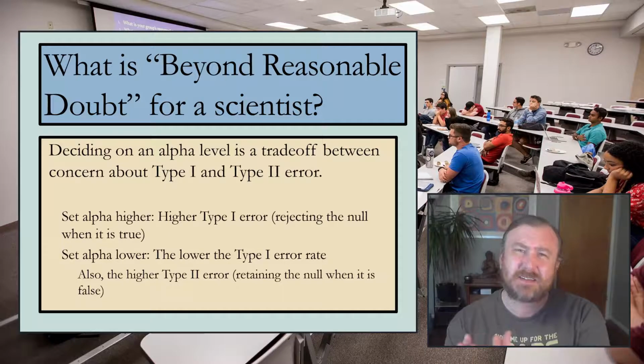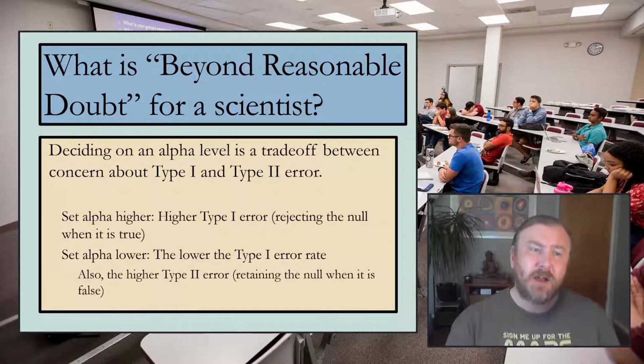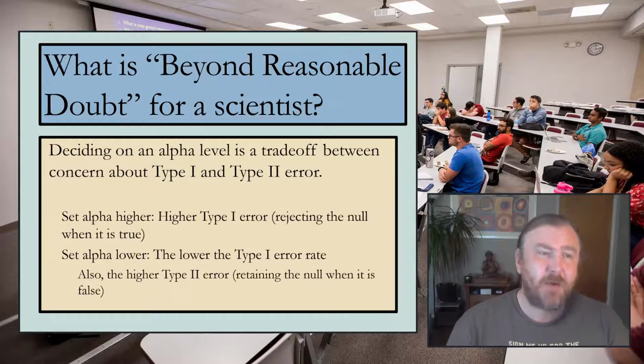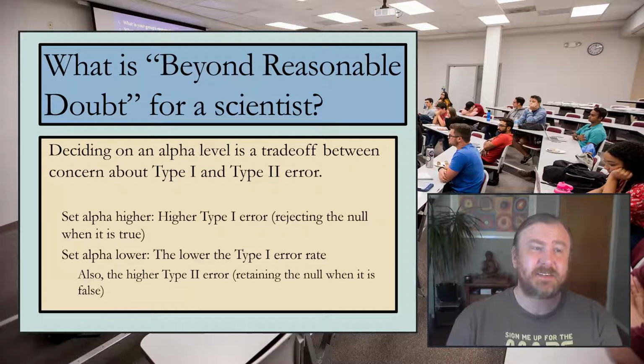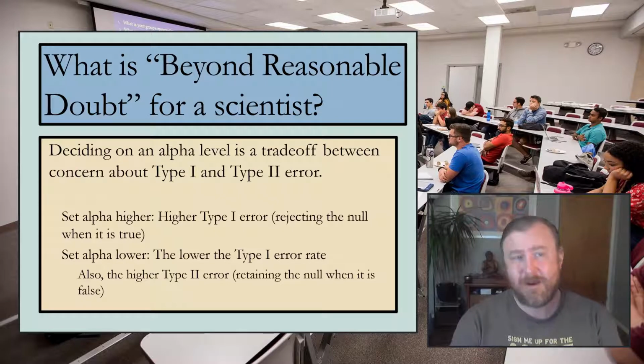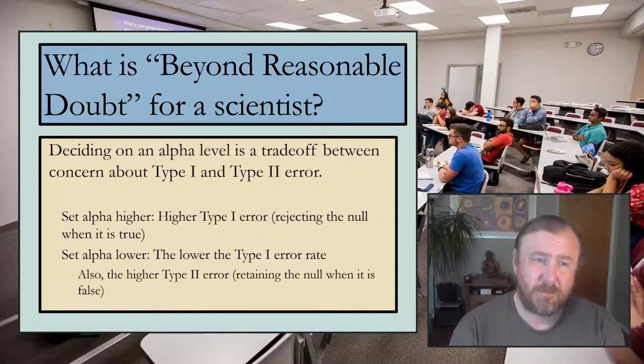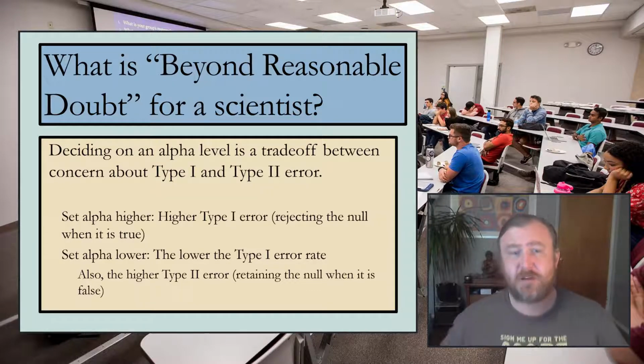So alpha kind of sets the standard of evidence. And so a higher type 1 error rate means it's easier to reject the null when it's true. And a smaller type 1 error rate, or alpha, means that it's more difficult to detect when it's true. But whenever we do, we're more confident in it.